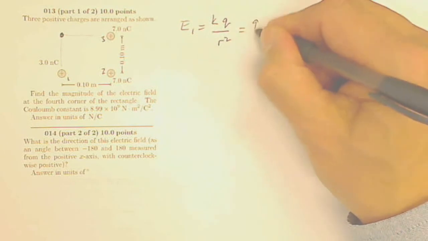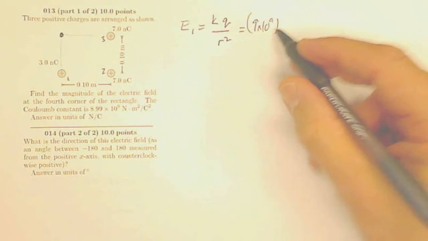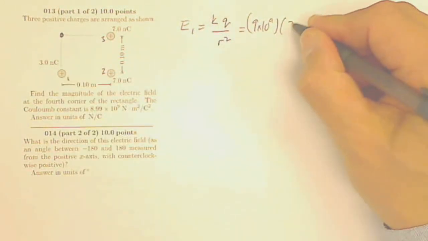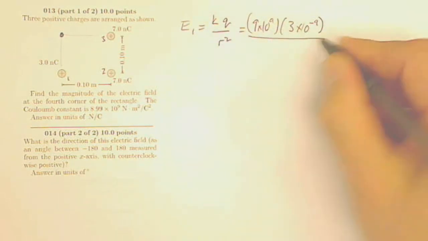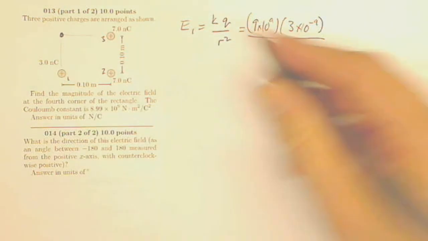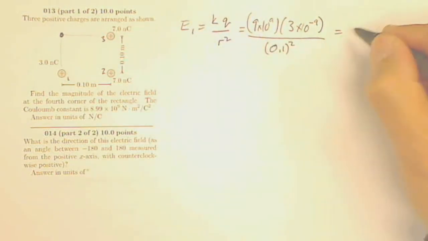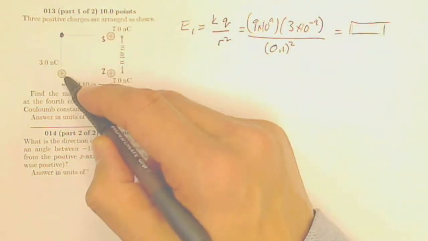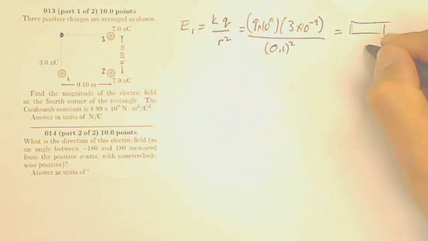So that's 9 times 10 to the 9th, or 8.99 if you want, times Q, which is 3 times 10 to the minus 9th coulombs, divided by R squared, which is 0.1 squared. That's my first one, and it is going to be straight up for me. This is positive. If you had negative, it would be straight down. But that is all in the y direction.